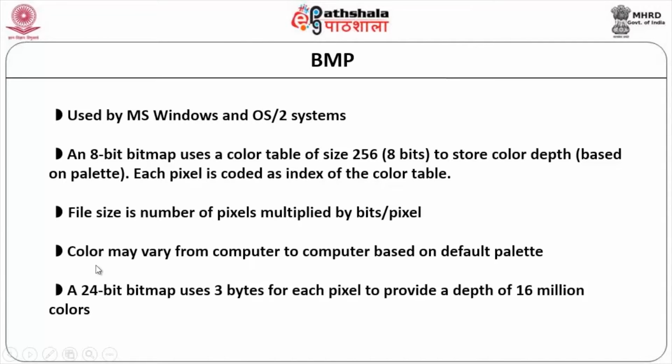Of course, color may vary from computer to computer. There are BMPs with 24-bit maps, of course 8-bit is not the only one, which use 3 bytes for each pixel to provide a depth of 16 million colors. I think all of you should be aware that a maximum of 15 or 16 colors is what an individual can identify with the naked eye. So when you say 16 million colors, it is very difficult, is it not?